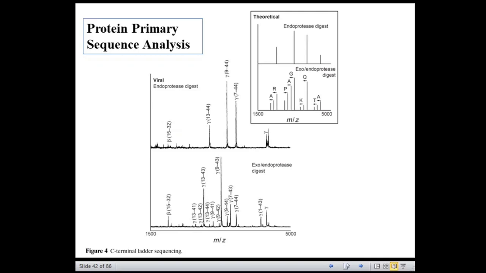So this is how the amino acid sequence information can be obtained using the MALDI-MS. Of course, the length is about 1 to 12 amino acids.